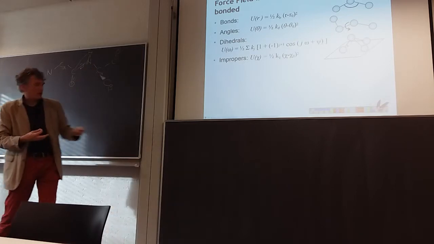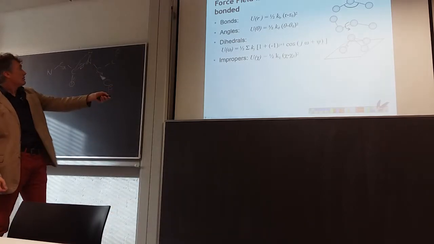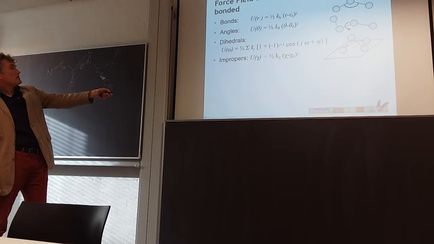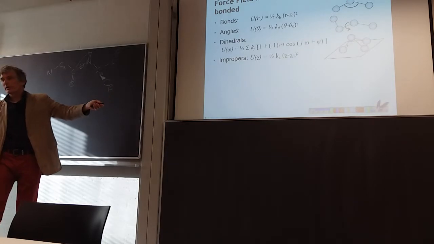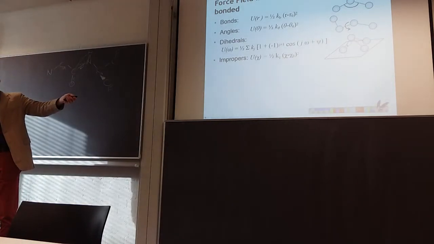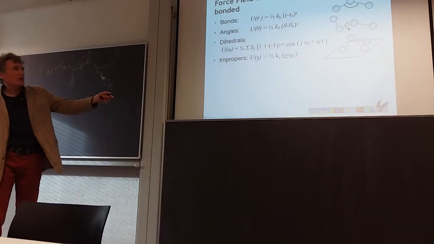So that's what's drawn here. If this is your N, this is your C alpha, this is your carbonyl C, and this is your C beta, then you can also define, don't try to work it out in your head while looking at this figure, you can go crazy that way.